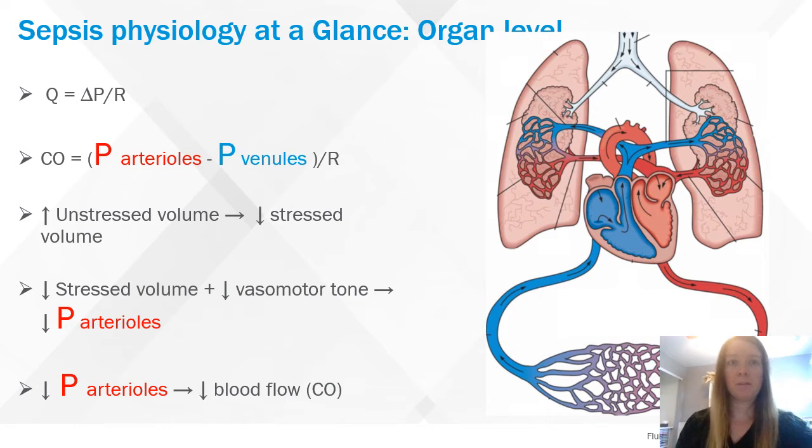The part we're going to focus on is the change in pressure, but in the cardiovascular system, the analogy is that we talk about cardiac output as flow, which is Q.